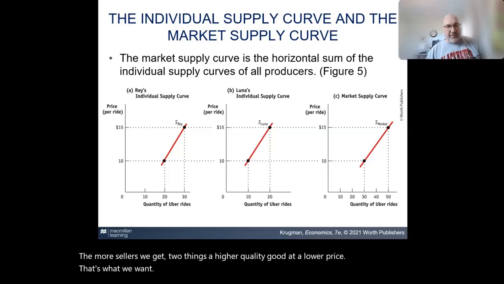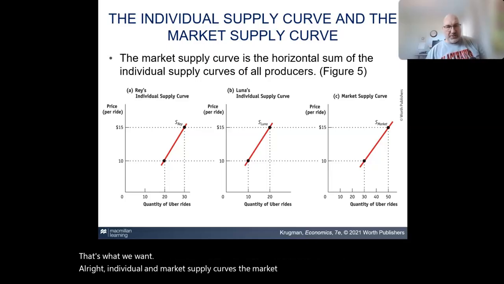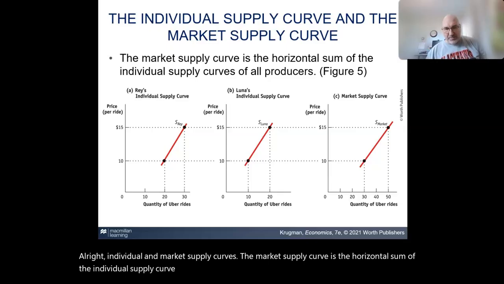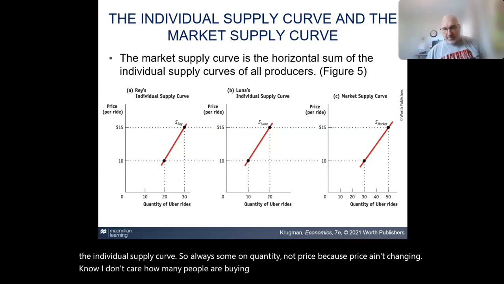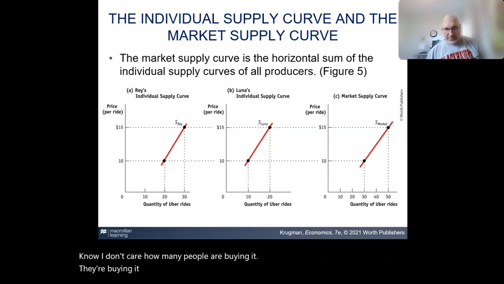All right. Individual and market supply curves. The market supply curve is the horizontal sum of the individual supply curves. So always sum on quantity, not price, because price isn't changing. I don't care how many people are buying it, they're buying it at $5.